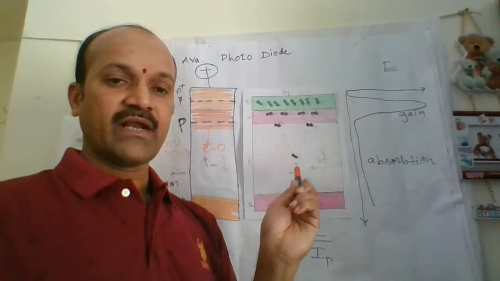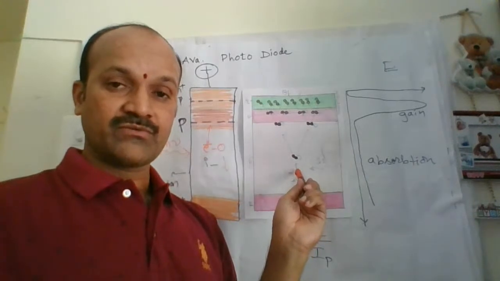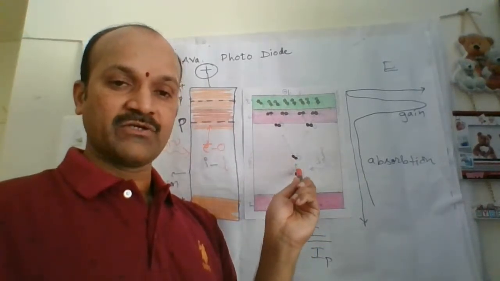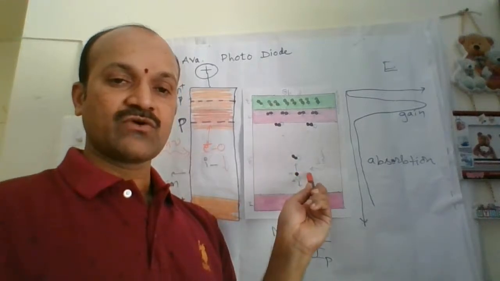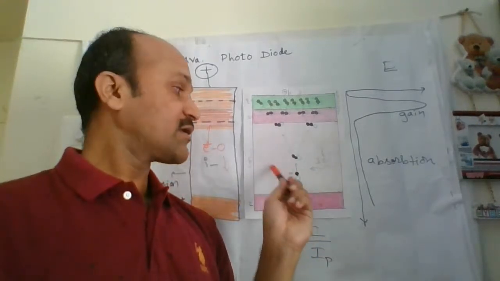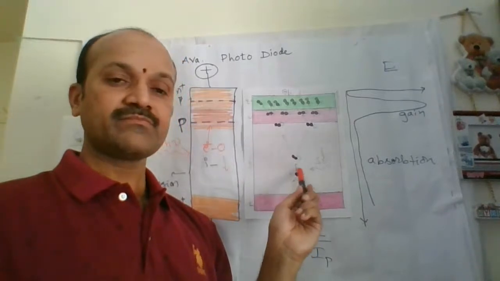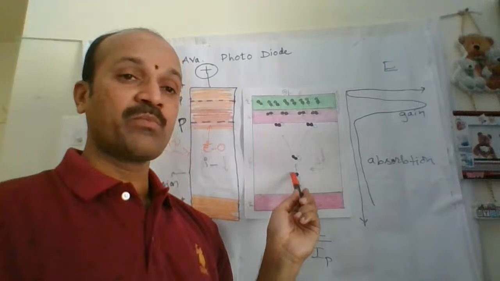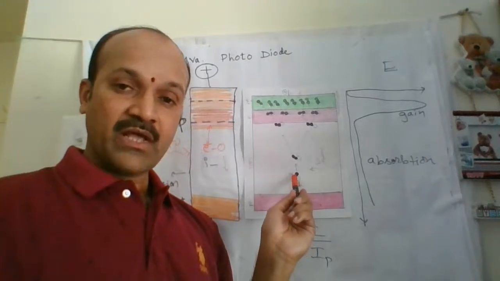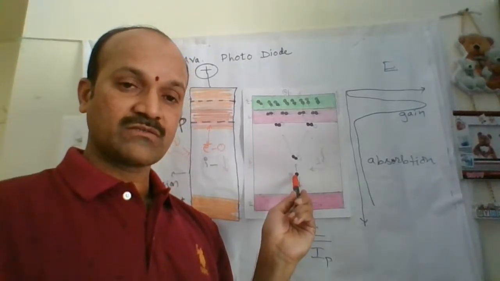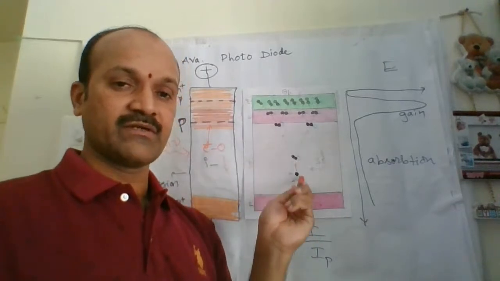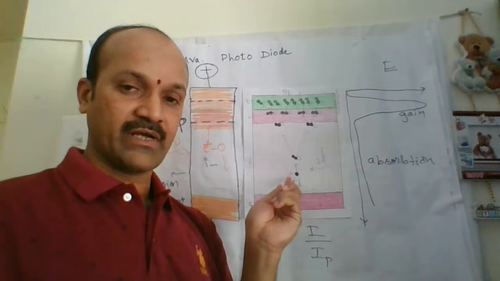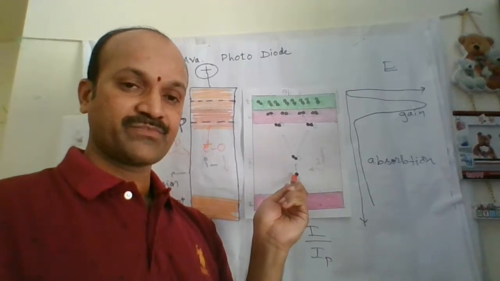When light is incident on the photodiode, on the intrinsic or pi region, the incidence of a photon creates an electron hole pair. The electron and hole are separately driven in the field direction and opposite to the field, according to their charge polarity.